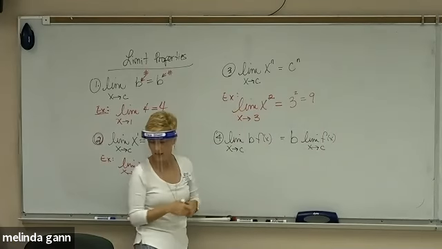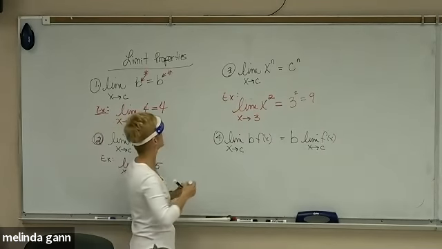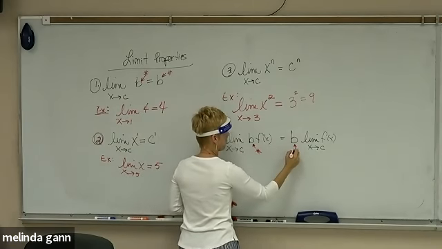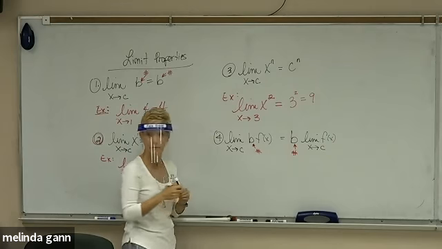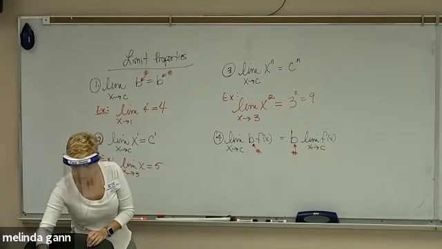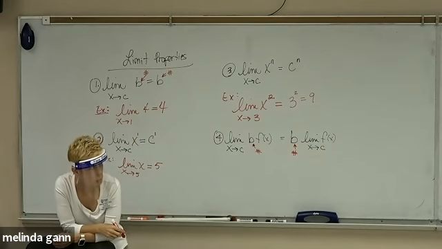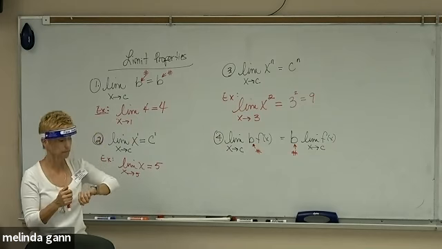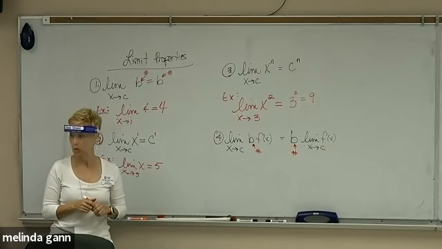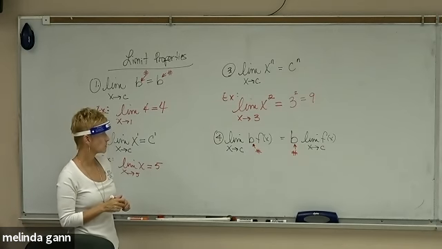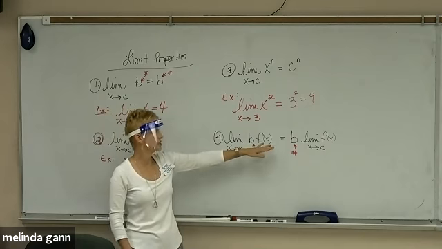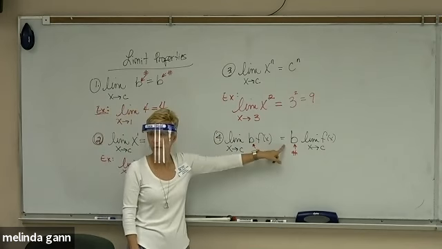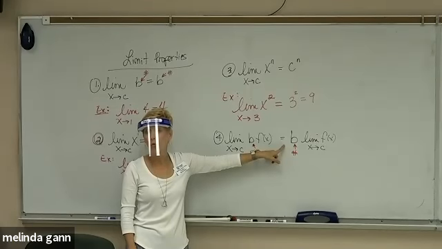Now, b is a number, just like up here. Now look what it's giving me permission to do. It's giving me permission to take this b and pull it out front. Is everybody with me?